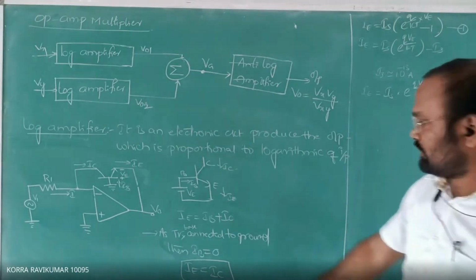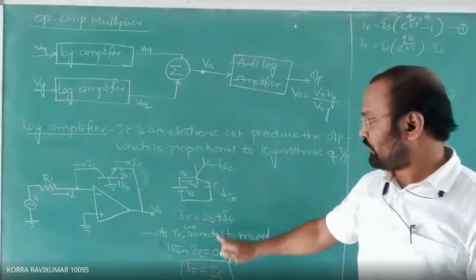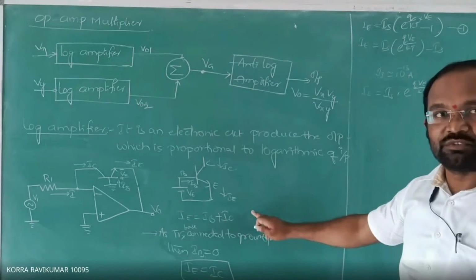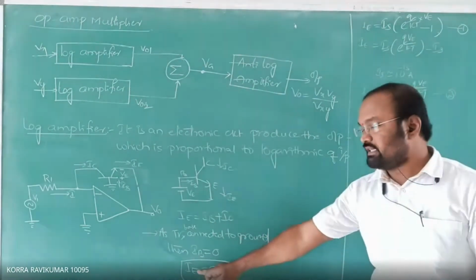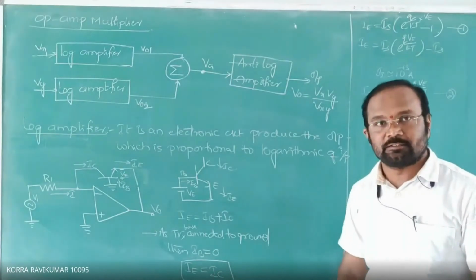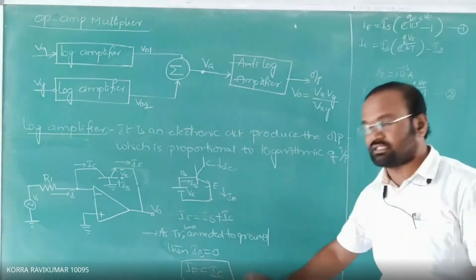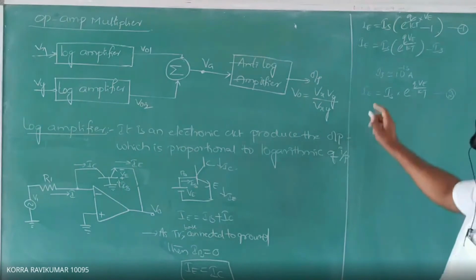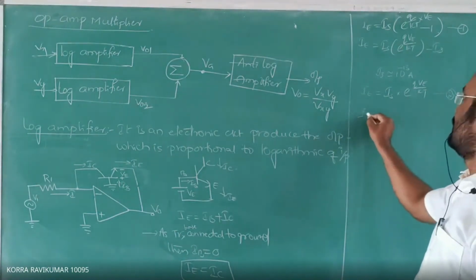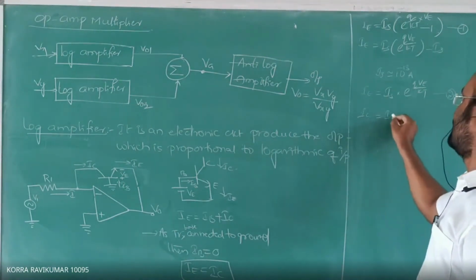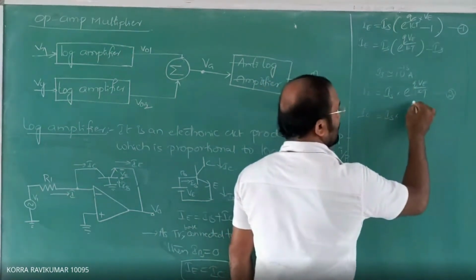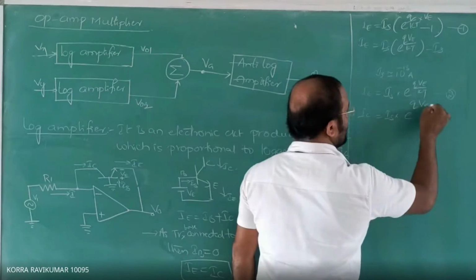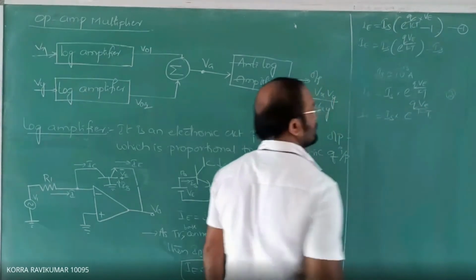But from IE equal to IB plus IC, we know that IE is equal to IC. So in place of IE, substitute IC. Then the equation becomes IC is equal to IS into e power Q into VE by KT.